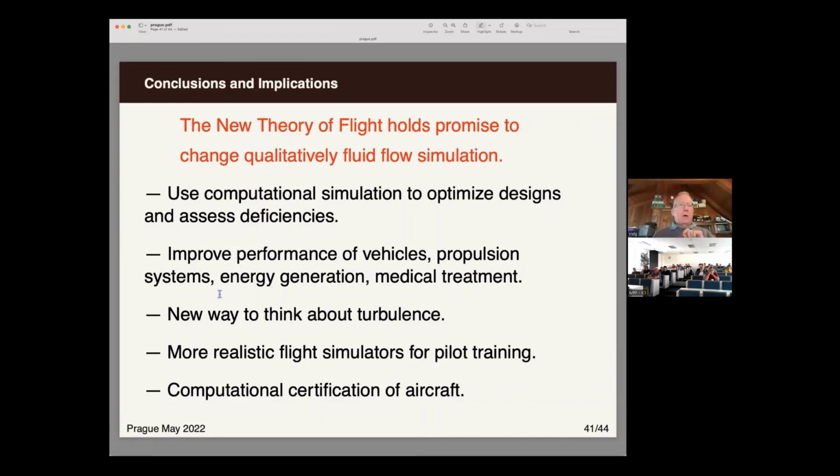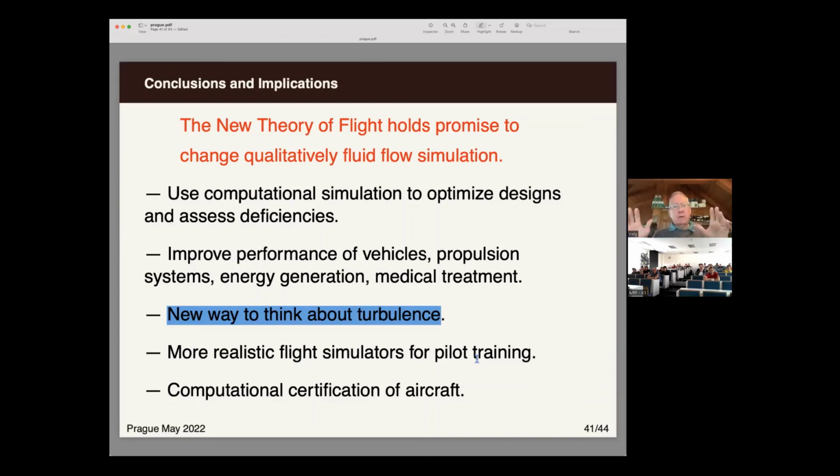Okay, I also think that this gives us a new way to think about turbulence, which would be very useful. We might even be able to have more realistic simulators for pilot training so that we could give a test pilot the ability to go into a simulator and actually see if the plane stalls, how likely it is to stall, how hard it is to recover from the stall with a truly realistic flight simulator.